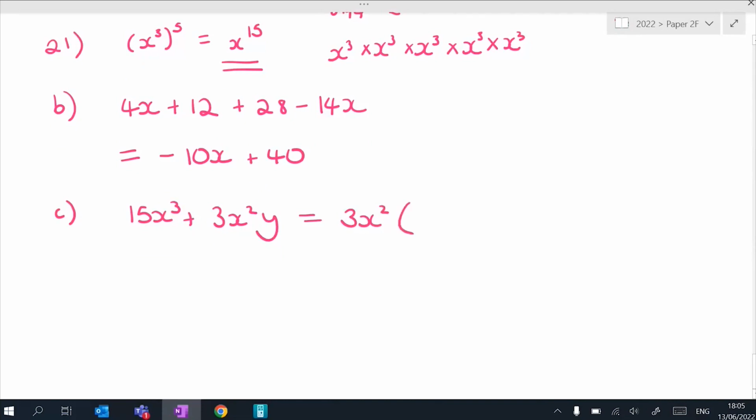And I haven't got a y in both terms. So 3x squared, I need to multiply the 3 by 5 to get 15, and I need another x to get x cubed. Then for the second term, I've already got a 3x squared, so I just need to multiply it by y. You would get some marks if you just took out the 3 or just the x or x squared, but to factorise fully, you need all of it.